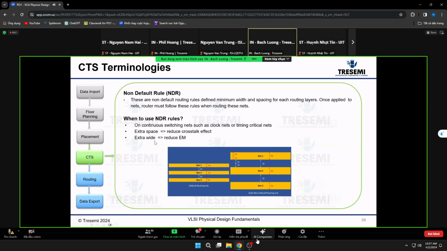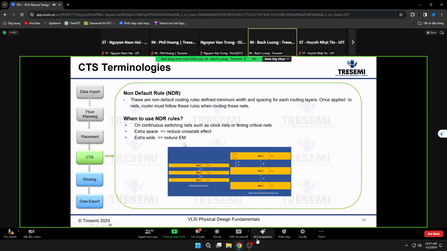And the extra space is for the crosstalk effect. Clock nets tend to be high switching, so they tend to become an aggressor in a crosstalk effect. I think the last slide I have is the crosstalk effect. We'll talk about that, but those are the 2 reasons that I mentioned.